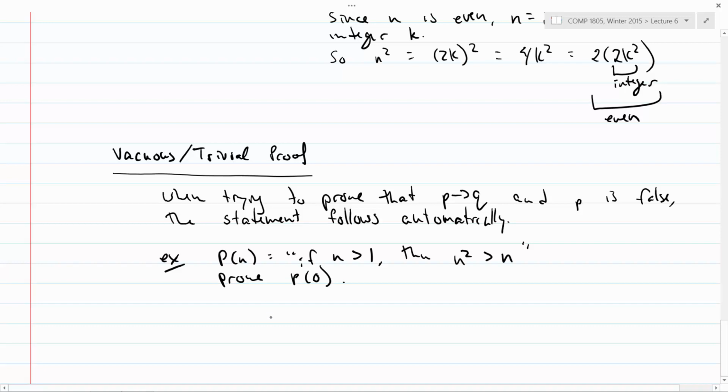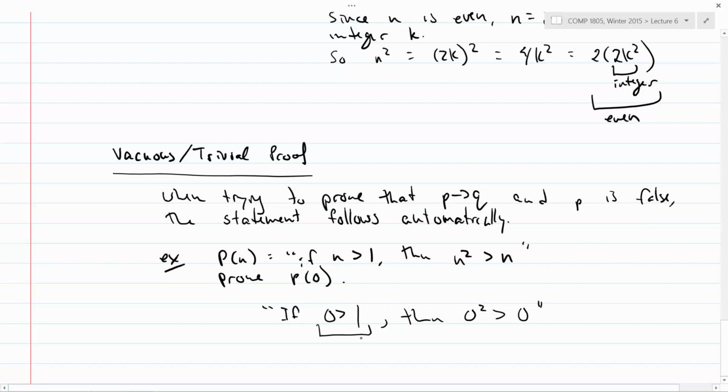So P(0) says if 0 is bigger than 1, then 0 squared is bigger than 0. So is that statement true? Yes. Right, it's true, but who cares?